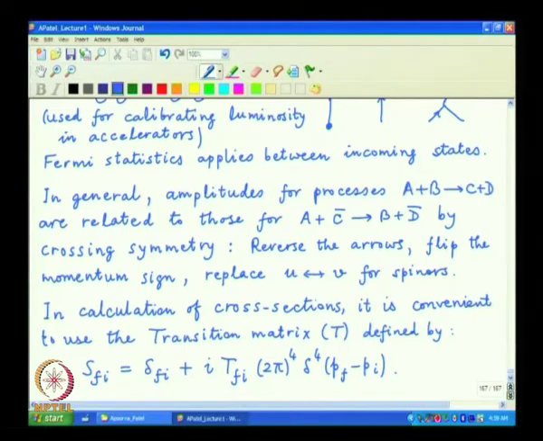So, there is no point in carrying it around, and only the remaining part is called the transition amplitude. The factor of i is inserted because of the conventions assigned to various matrices.